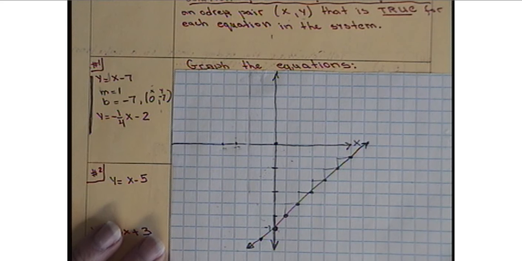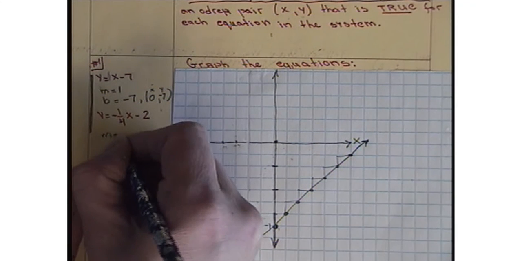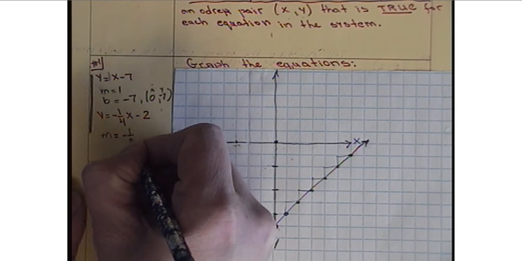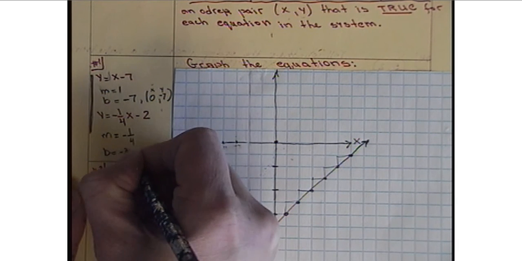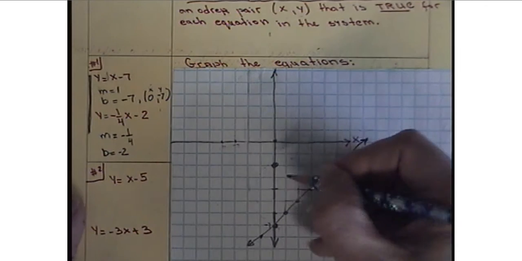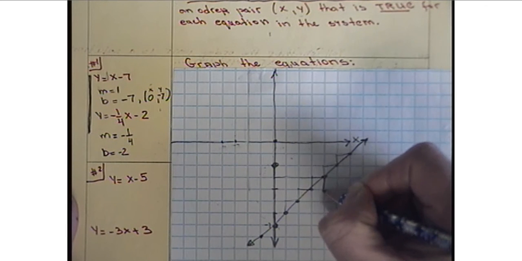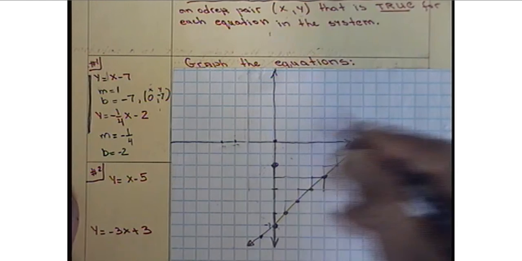Second line will be the second equation. The slope of the second equation is -1/4 and b is -2. So b -2 is right here, and we have a negative slope. Negative slope means we go 1 down and 4 to the right. 1 down and 4 to the right. So look at this.